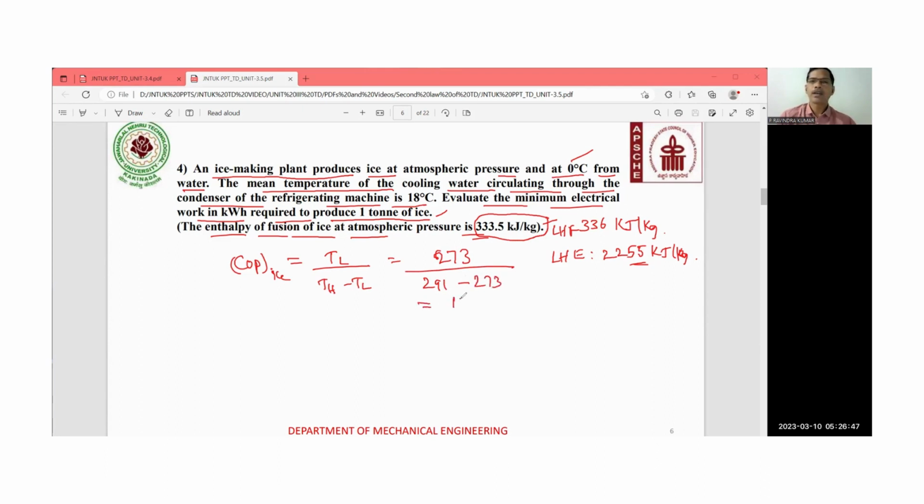You will get it as 15.2. Then this is equal to Q divided by the minimum work input required. So you need to calculate the minimum work input. That is equal to Q divided by 15.2.